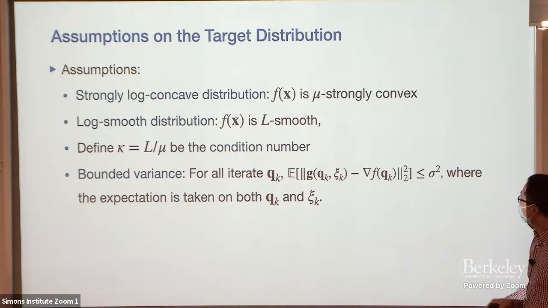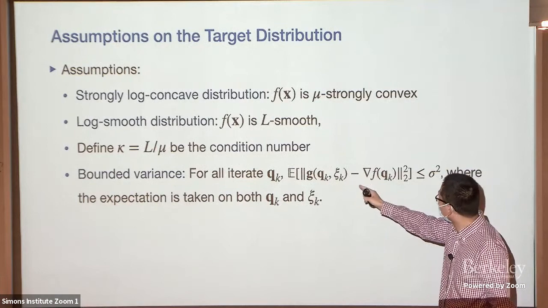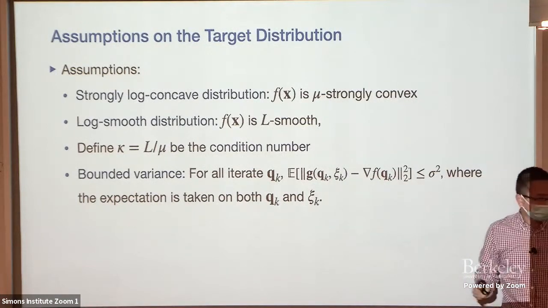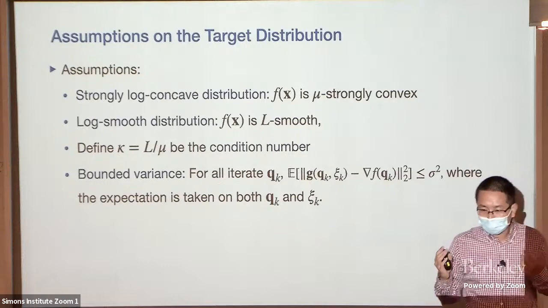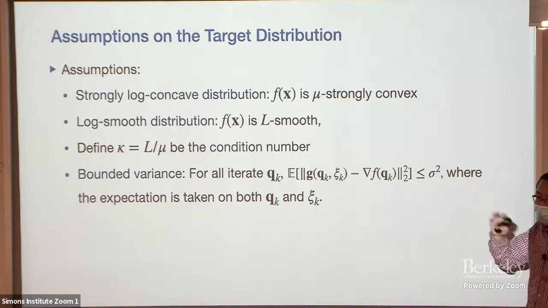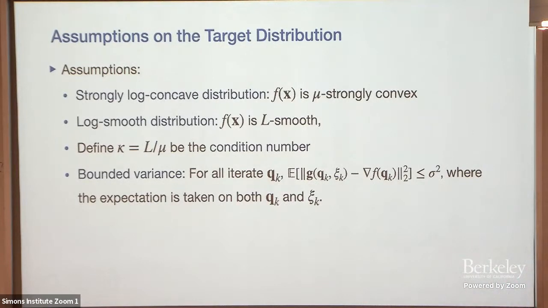And I also assume the stochastic gradient estimator has bounded variance, bounded by sigma squared. But for different stochastic gradient estimators, this sigma squared can have different dependence on, for example, step size, dimension, and so on, which I will show you in a few minutes.